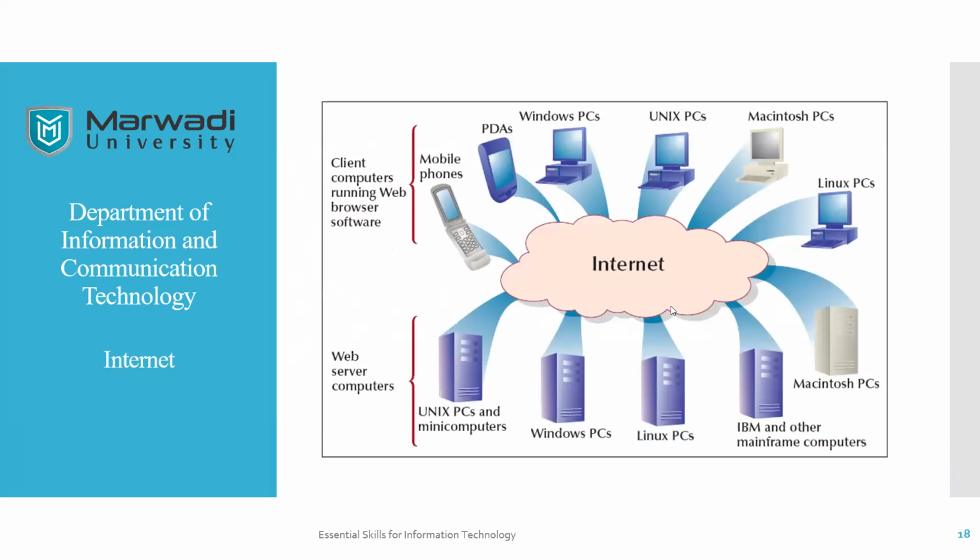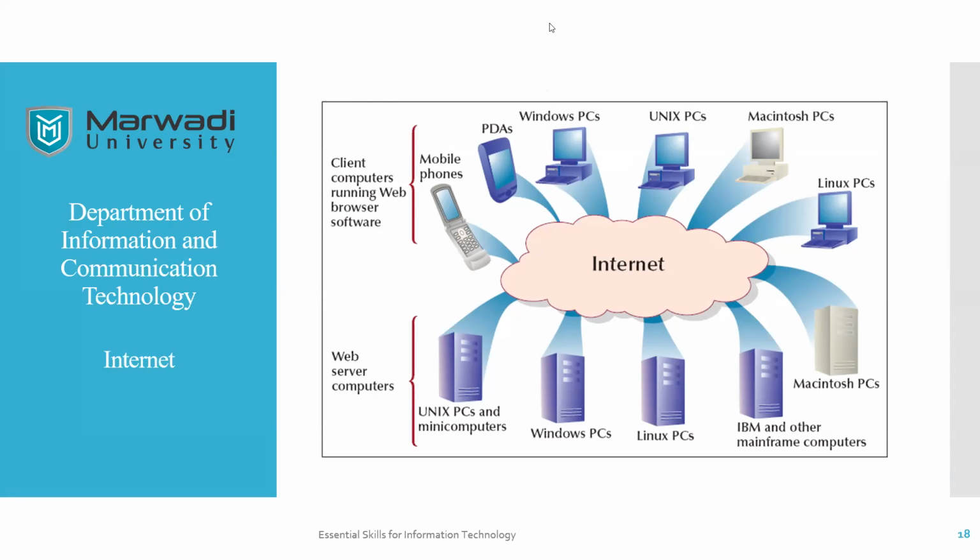I have one example for web client and server. Suppose you are using Facebook. Whether you are using your phone, iPad, Windows or Unix PC, whatever it is, you type www.facebook.com. The server finds your record over the internet, whether you are an authenticated person or not.